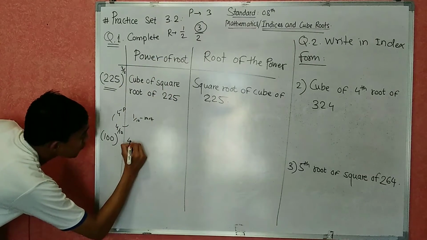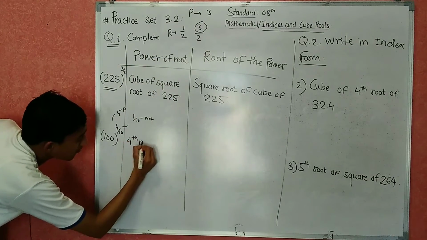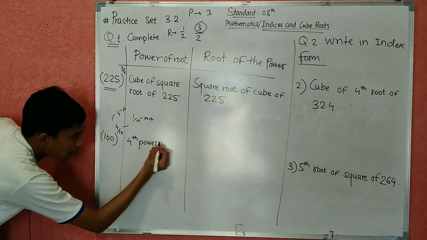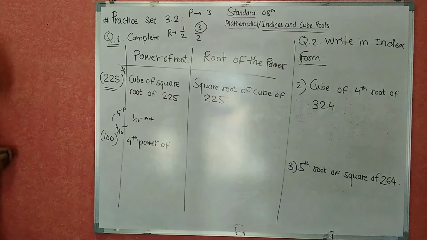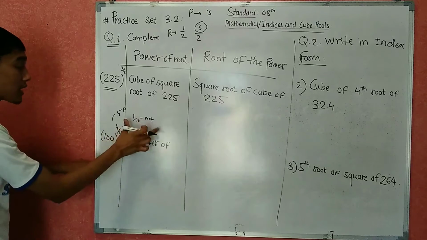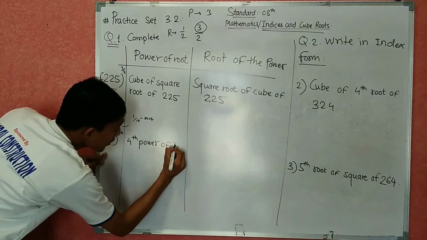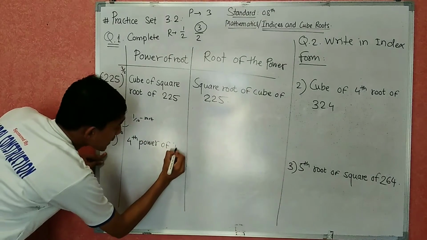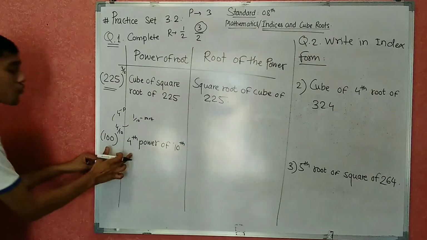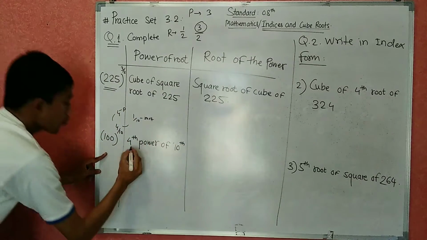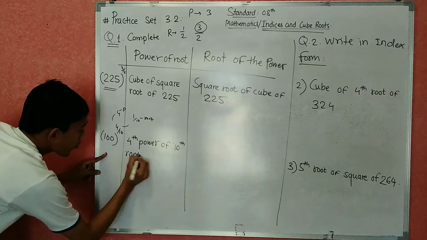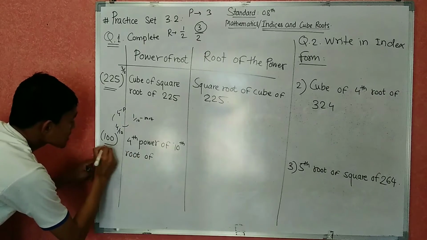So fourth power of 10th root of what is the base, 100.